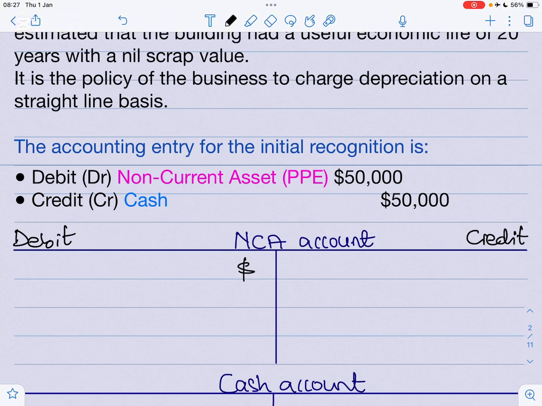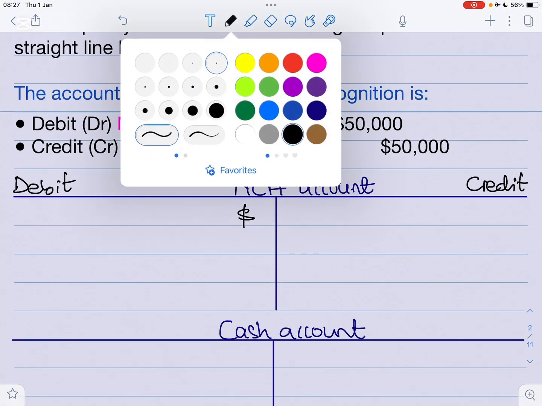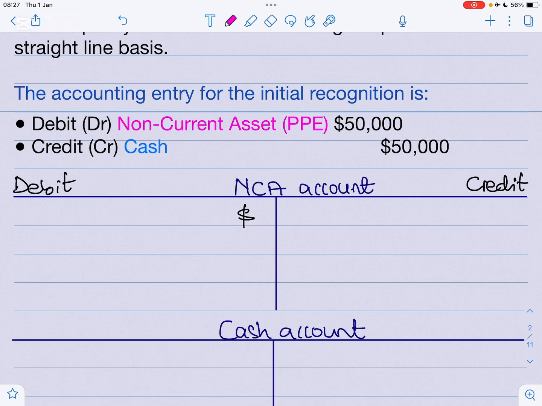For an asset account, the debit side is always the addition side, and the credit side records the reduction in our assets. In this question, the business just acquired a non-current asset, and that addition must come into the non-current asset account. How much is it? It is 50,000. So I'm coming to the addition side, which is the debit side of the non-current asset account, and I'm going to record it there.